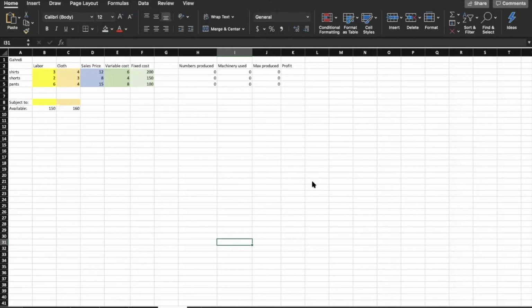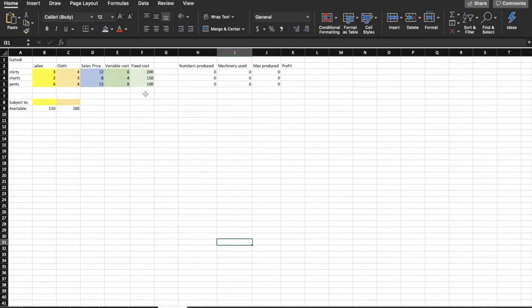So I have created the table in Excel. We usually do everything in rows, but I put them in columns so they're consistent with the way they were in the table.